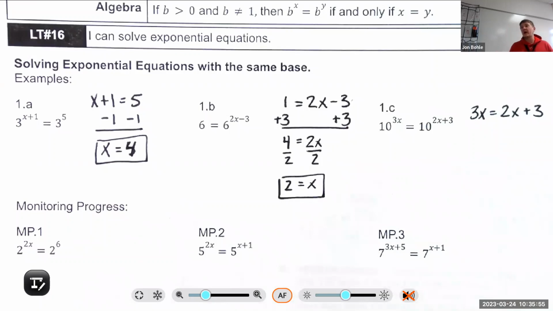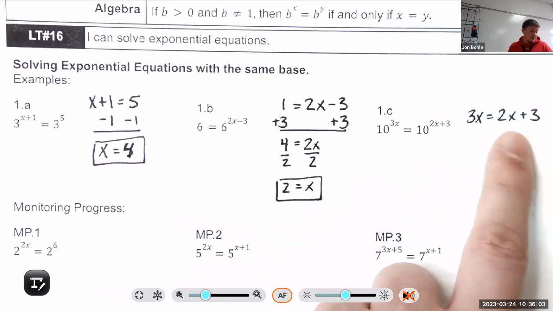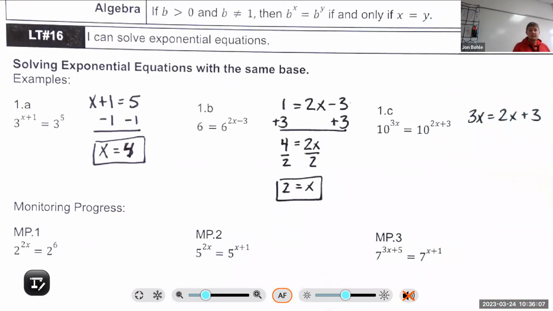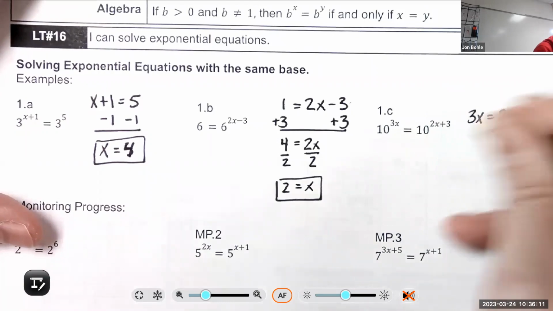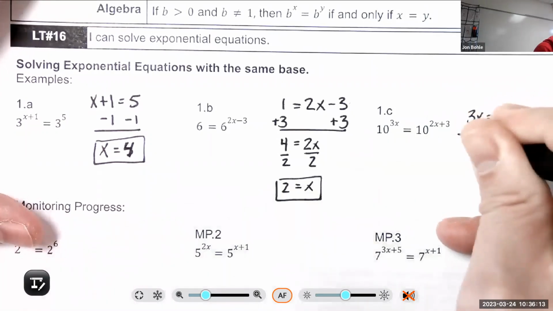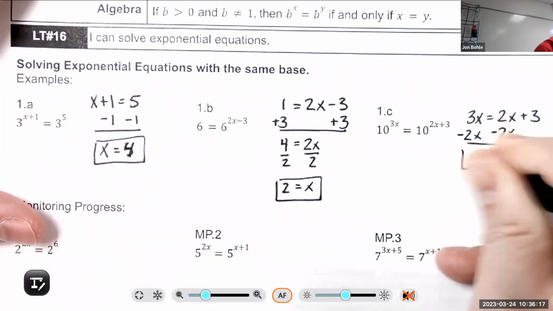So now I just need to solve for x. I have x on both sides, so it might be most beneficial for me to undo the positive 2x. How do I undo positive 2x? Minus 2x. So now I'm left with 1x is equal to 3, and that's my answer.